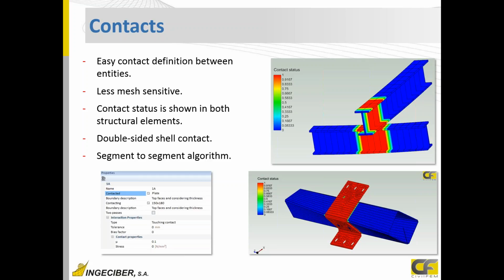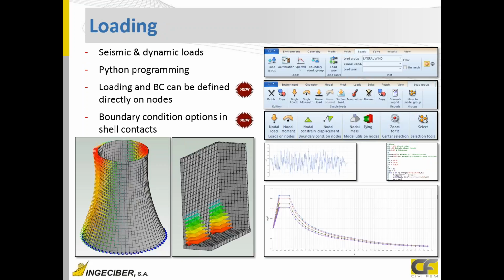We just define which will be the two entities in contact for the glue case or touching case, and just set some nonlinear configuration option for convergence, and that's it. Later we will see some example for this.